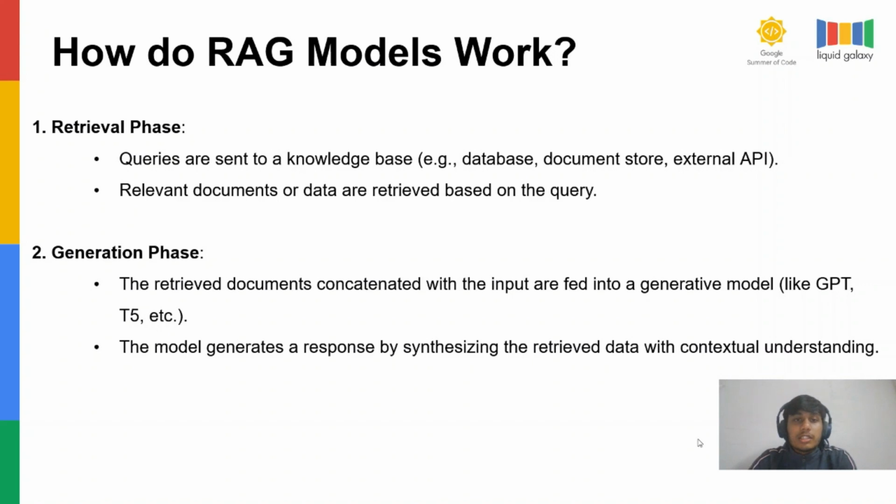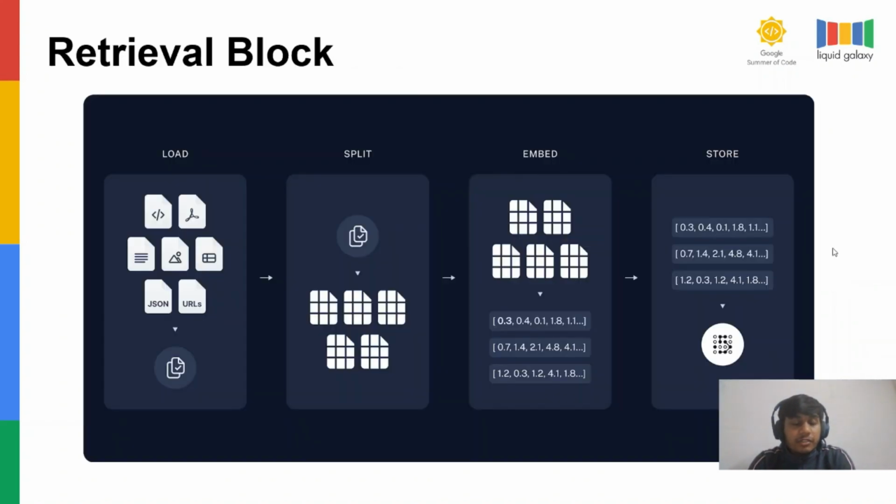Now, going deep into how they really work, as I told you before, for the retrieval process, how it loads, splits, embeds, and then stores it in a vector database, I will be taking it now. So, firstly, we load our most relevant information that we get from the external sources.